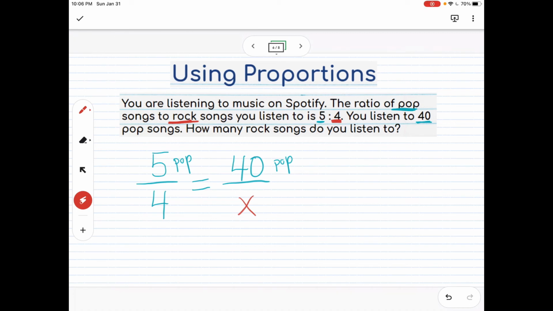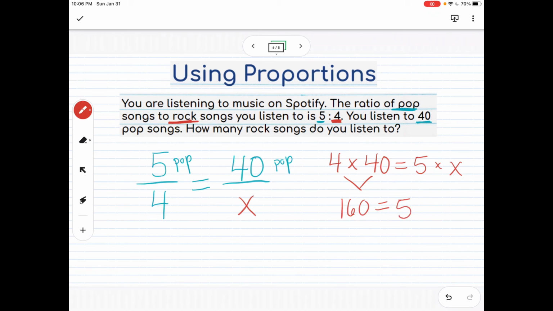So in this case, we are going to do 4 times 40 is equal to 5 times X, and X is just a variable that represents an unknown value. All right, so 4 times 40, we would get 160 equals, and my 7th graders would know you multiply 5 and X at the same time to get 5X.